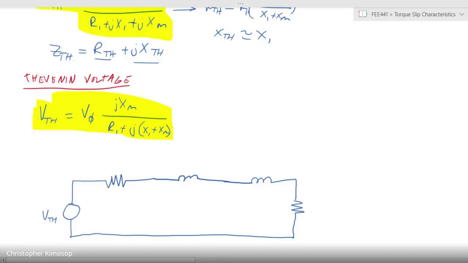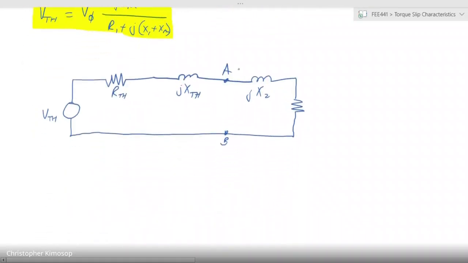We have our R Thevenin, jX Thevenin, jX2, our A is there and our B is there. And we finally have our R2 over S, okay? So we've slightly simplified the circuit.